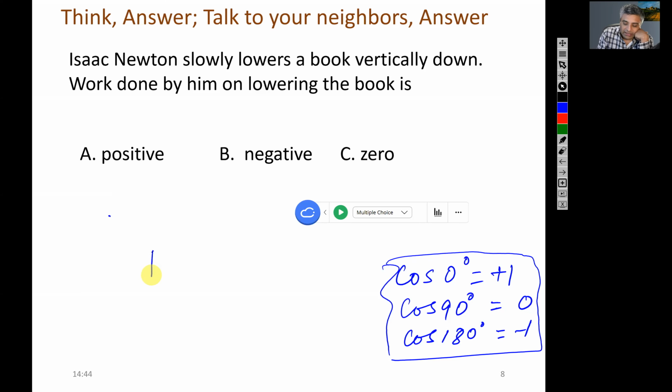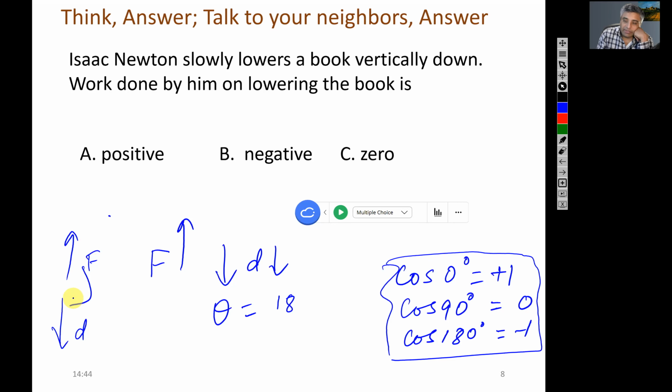Oops. Force is down and displacement is down, means the angle between them is... oh, force is down? No, up. Force is up and displacement is down, so the angle between them is... up force, displacement down.